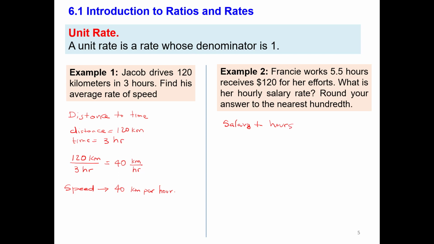And the salary she received is $120. This is the unit we have on top. And she received $120 for 5.5 hours. Now we cannot divide by 5 directly.